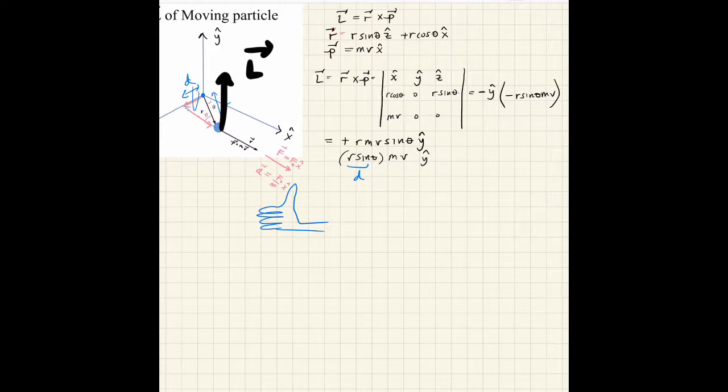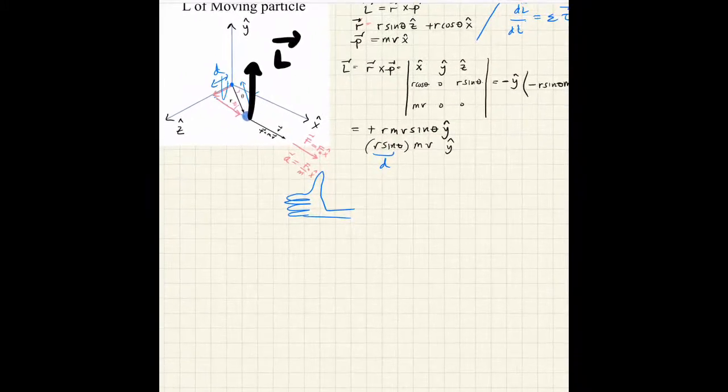I also can spend some time verifying that dL/dt is equal to the sum of torques here. There is a torque acting on my system because I have a force. Because I have a force, I have an acceleration, which we discussed here.